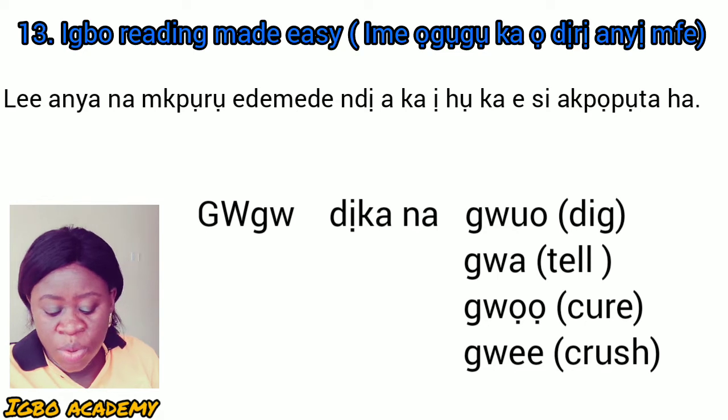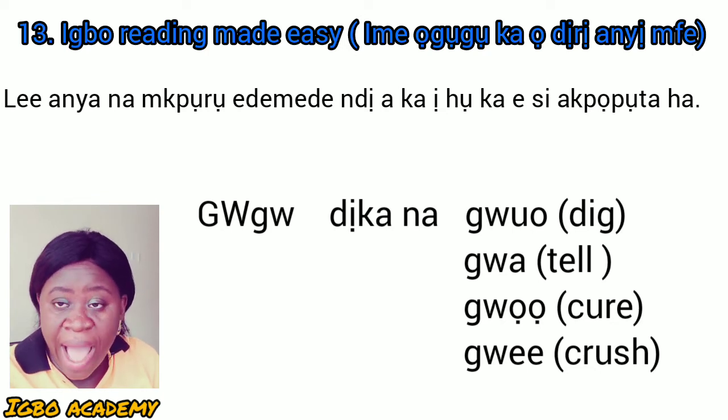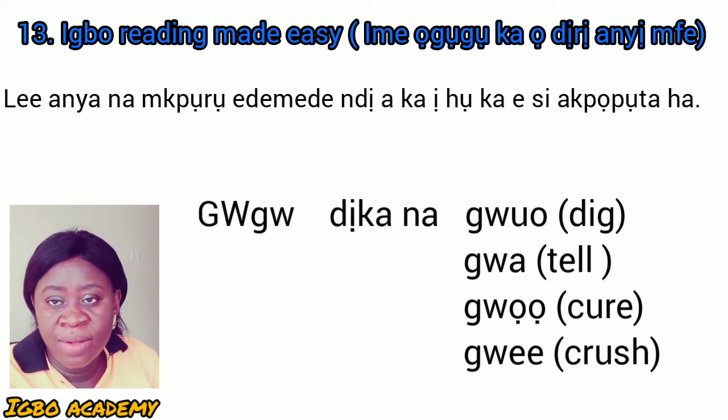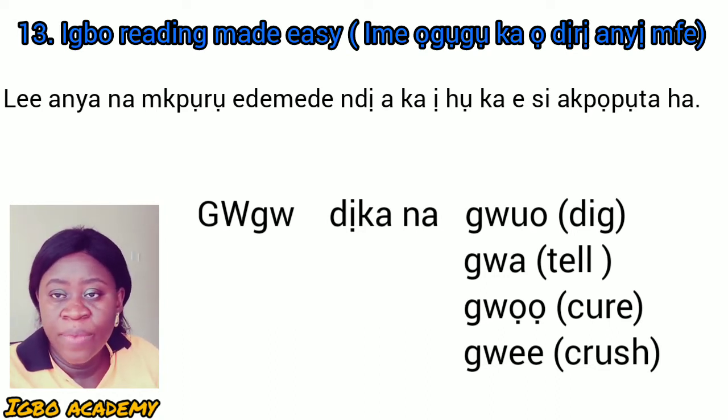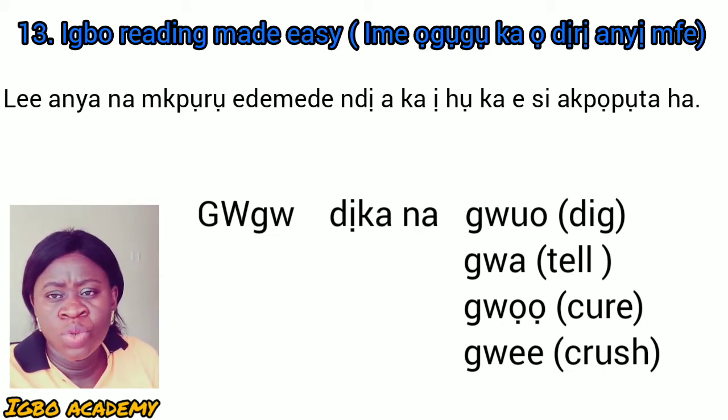Go over to G and W. G and W, dịka na gwo means to dig. Gwa means to tell. When I say gwam, it means tell me. Gwa means to tell. Gwo means to cure, like when people say Jesus or warrior, the person that cures sickness.